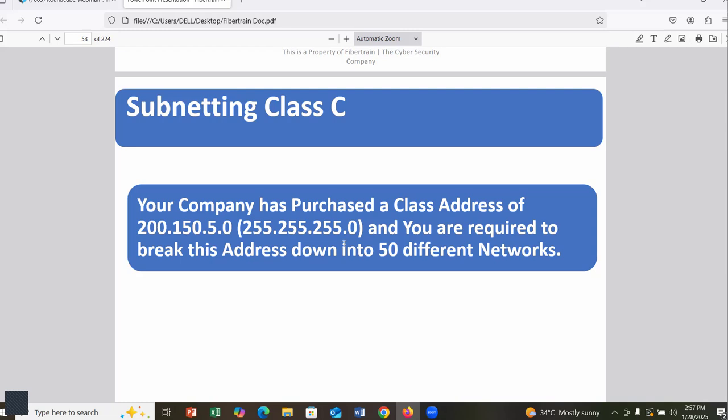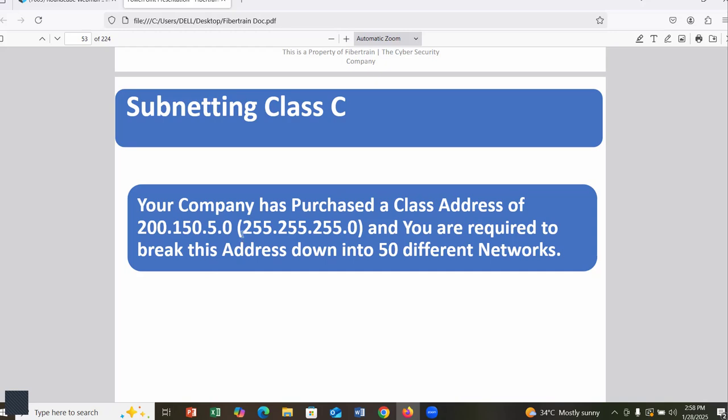So you can imagine this type of question. A company buys a single network of IP address, 200.150.5.0, and they give you a task to break this address down into 50 different networks. That means they want to see 50 different networks from this particular address they give you.